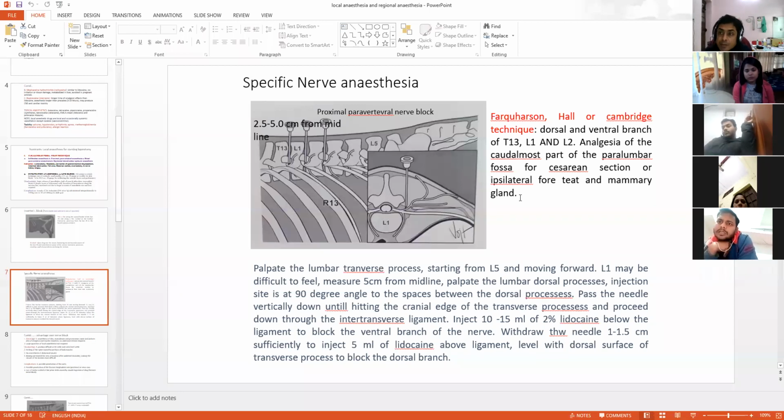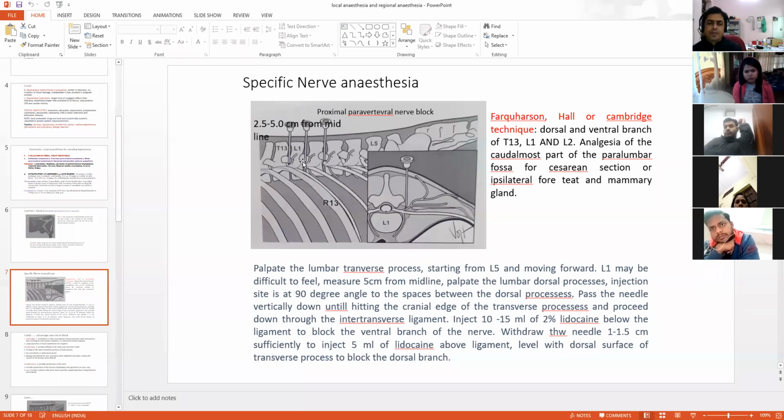So how will you do it? Now the question comes. This is part of practical, but you should know these things. It is very important for you people. Palpate the lumbar transverse process first. From L5 you go forward to L1. L1 will be difficult to feel because of the very heavy muscle mass.